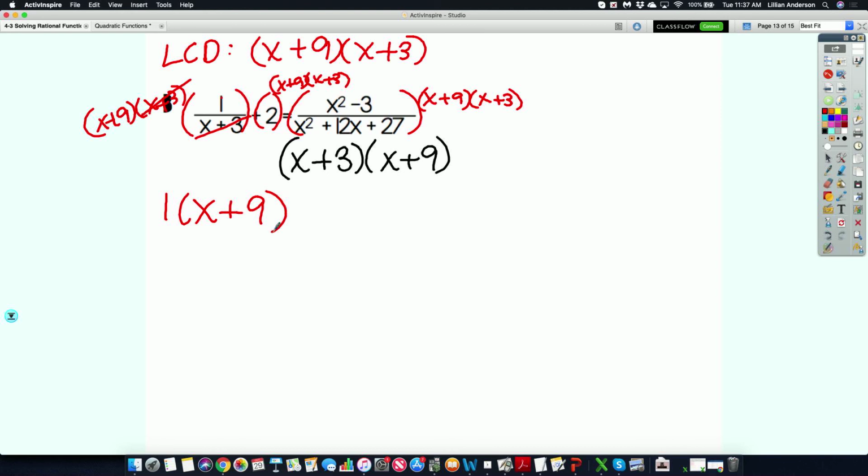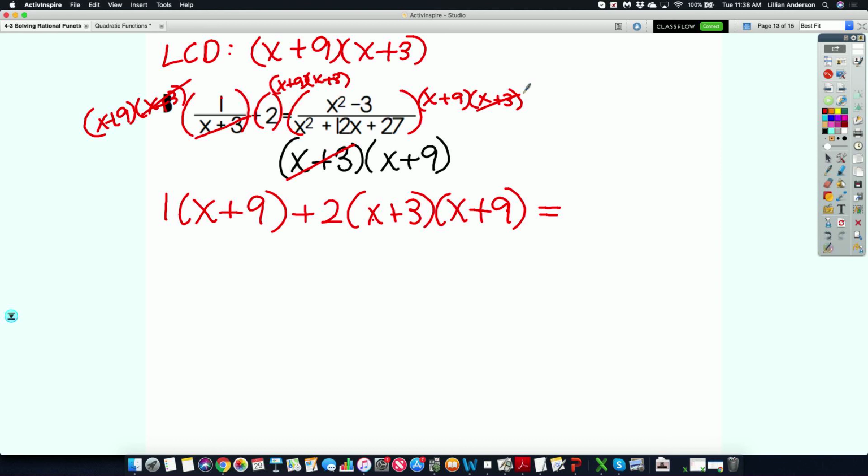For the second piece on the left-hand side, I'm going to have to multiply that 2. Yeah, there was a 2 there. So whatever was already in the numerator is going to get multiplied by that common denominator. What happened? What's wrong? Oh, no, you're good. What happens on the right side? Cancels out.